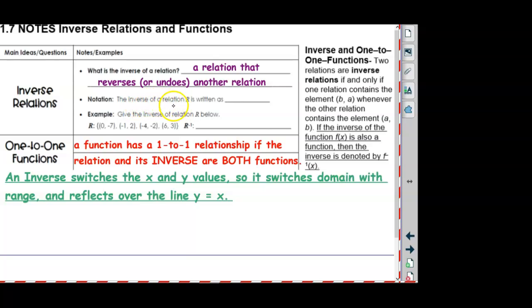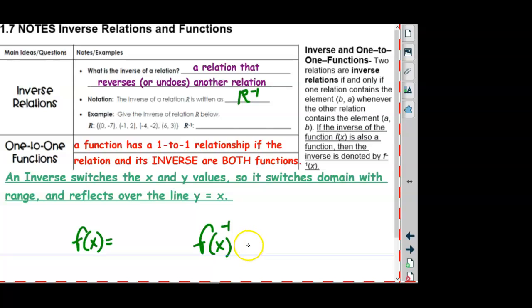The inverse of a relation R is written as, I don't know why they use R, because we already use an R for all real numbers. In our book and most of the materials, it will list the function as f of x, and then its inverse as f of x to the negative 1.